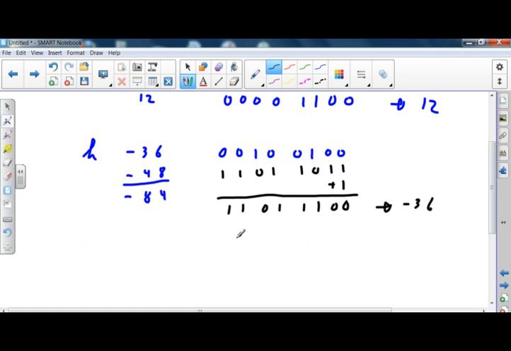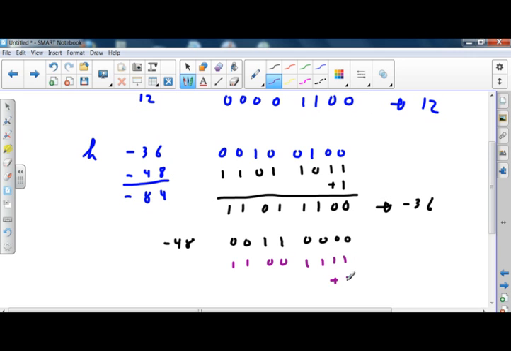And then now we need minus 48. Okay, so we have a 32, and we have a 16. 32 and 16 is 48, right? We do a complement, 1, 1, 0, 0, 1, 1, 1, 1.